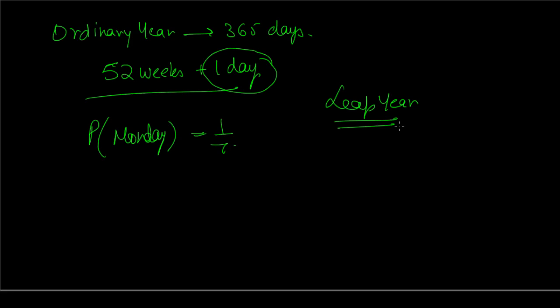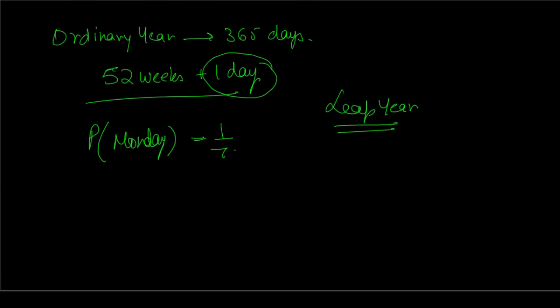Yes, probability of 53 Sundays. Okay, I'll tell you one thing. Probability of 53 Sundays is 2 by 7. Why is it 2 by 7? I'll tell you.